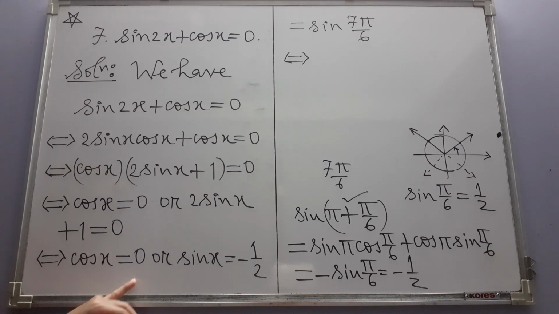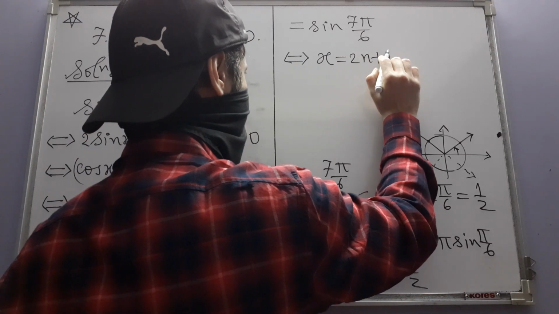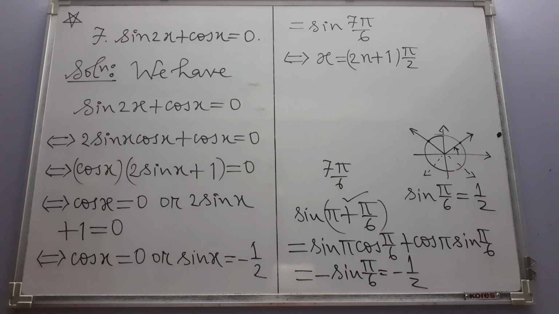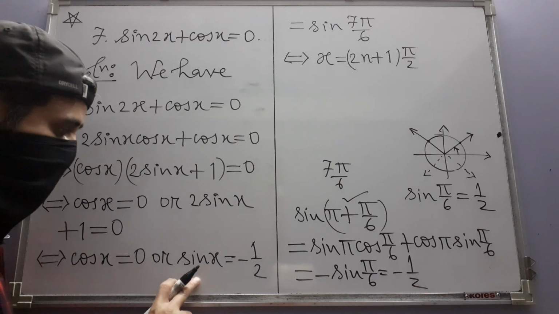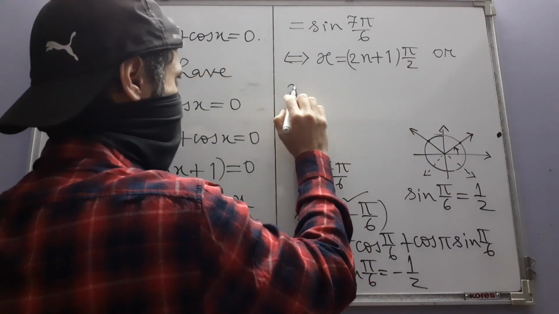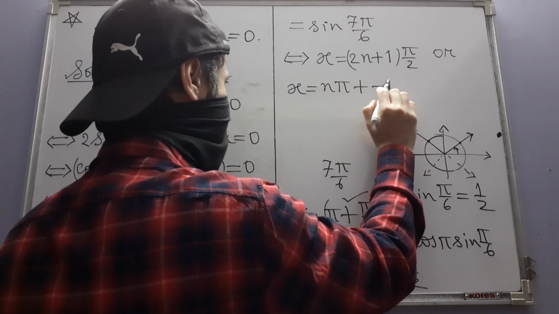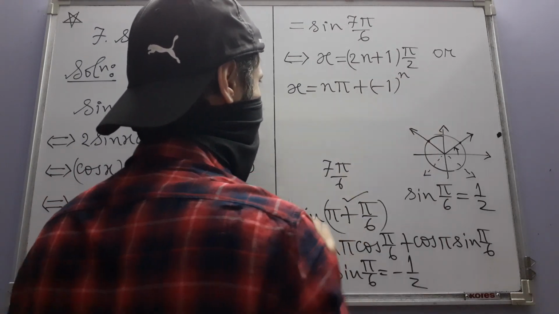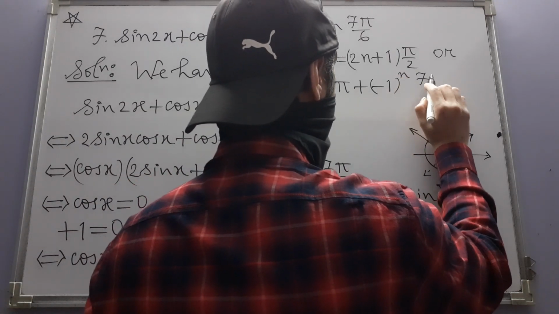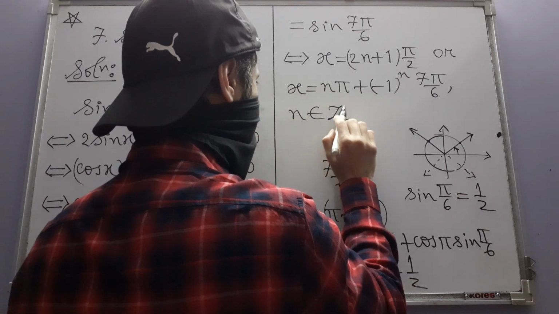Cos x equals 0 if and only if, we know, of course, x is precisely some odd multiple of pi over 2, and sin x equals sin of something if and only if x equals n pi plus, recall the general solution, (minus 1) to the power n times that angle, 7 pi over 6, where n is an integer.